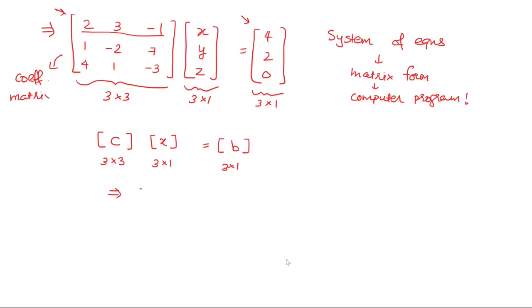So then, in order to solve for our unknowns, X, we can simply take an inverse and multiply with B.